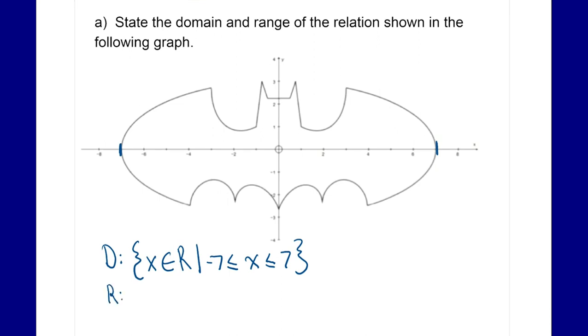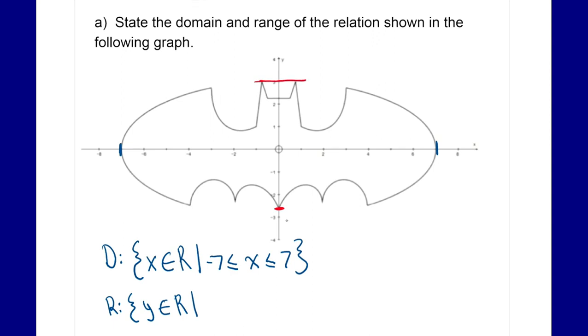The range is again set up the exact same way. Squiggly bracket. Y is an element of any real number such that, and then what is our highest and our lowest? Say it looks like approximately here, and the highest it appears would be here.